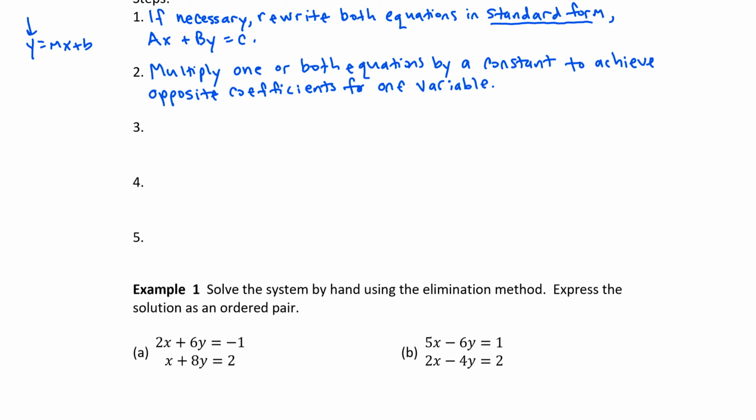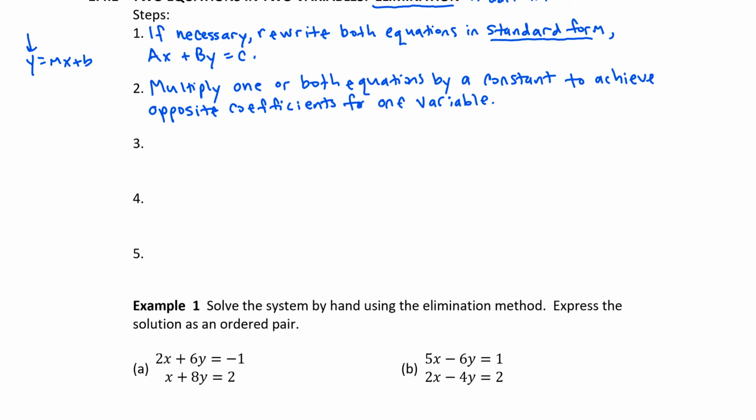Let's continue our algorithm. Once I achieve opposite coefficients, next step is easy. We're going to add the equations together, term by term. Now remember, if one of our variables has opposite coefficients, that means when I add them together, they're going to cancel out and make a 0.